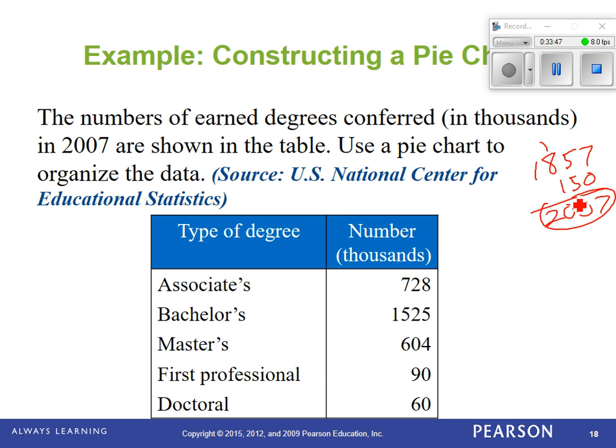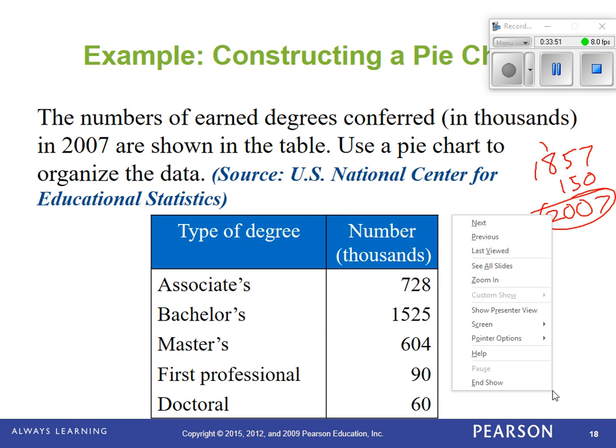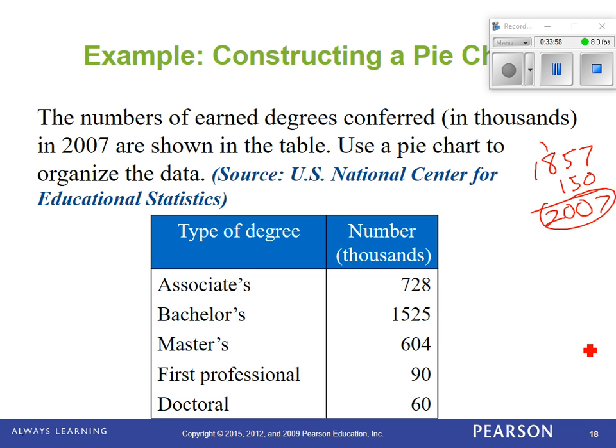Sort of strange. That's a year, right? And that's 2007. So we want to take that 2007, and probably what you want to do is change each one of these, or divide each one of these by that total to get a percent. When you get that percent, then that'll sort of help you split up the circle a little bit, right?